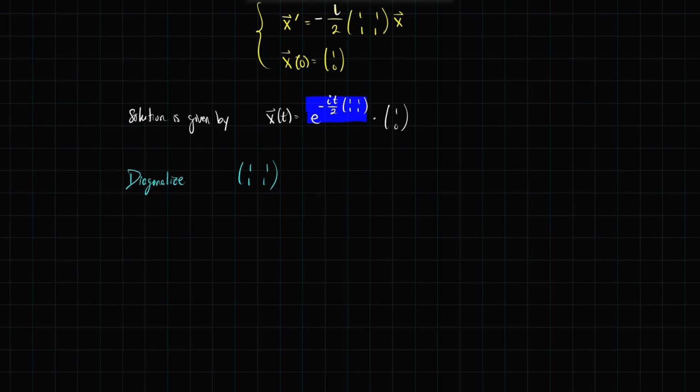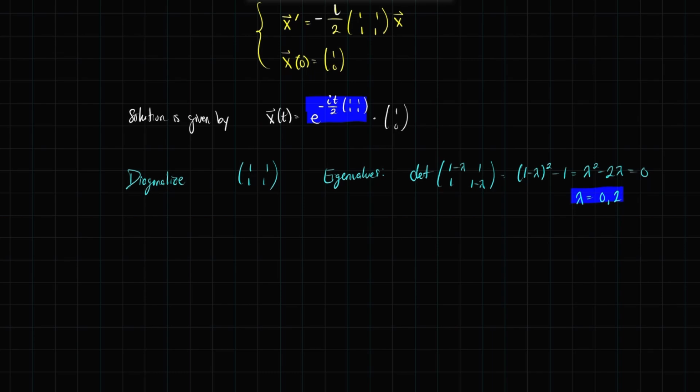Let's find some eigenvectors, or eigenvalues first. And we're going to take the determinant of 1 minus lambda, 1, 1, and 1 minus lambda. This is going to give me 1 minus lambda squared minus 1, also known as lambda squared minus 2 lambda, and then I'm going to get a plus 1 minus 1. So this is equal to 0. I can factor out a lambda. I see that lambda is either 0 or lambda is 2.